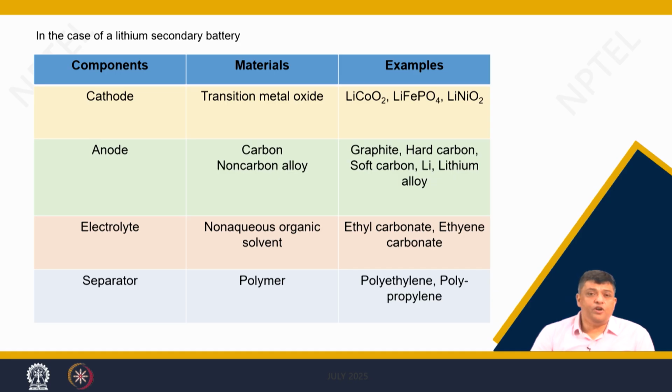Again, as we have been discussing in the previous examples, there are a large number of materials which can be used and fabricated, and therefore, you can get different types of batteries. So, nowadays you can get in the market some batteries which will operate up to 3 volts, some up to 2 volts, some up to 5 volts, some have different energy densities, some have low cycle life, some have high cycle life, some are more expensive than the others.